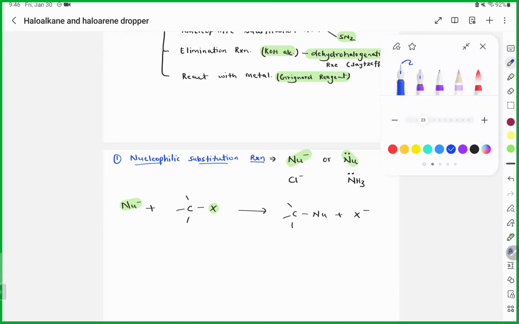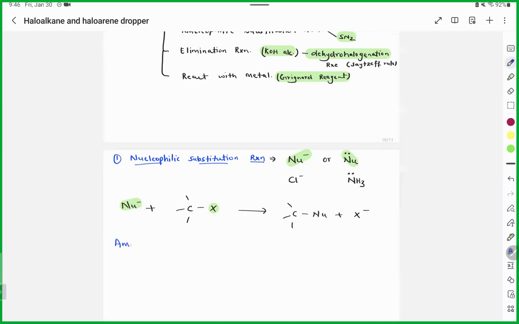Sania, what do you mean by ambidentate ligand? Which have two donor sites. Correct. Same here. When we talk about the nucleophile, ambidentate means dual.